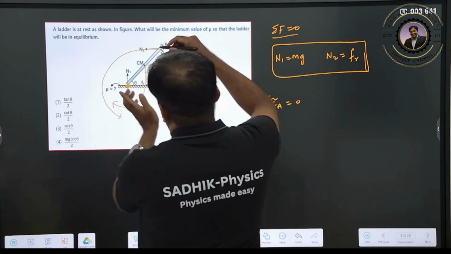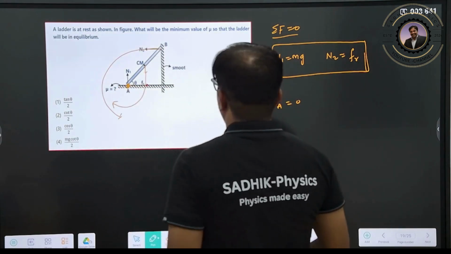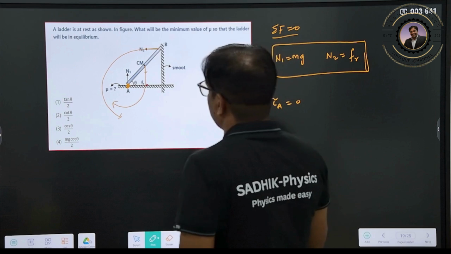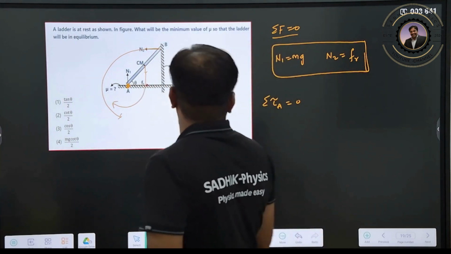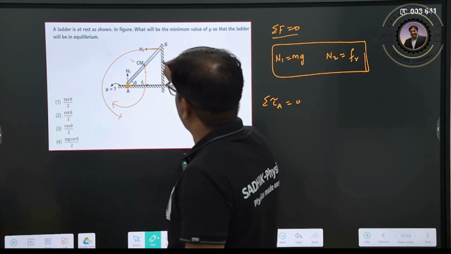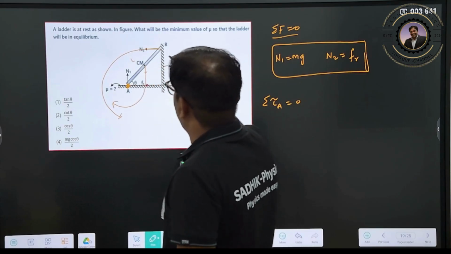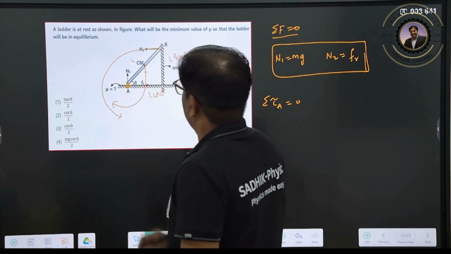For N2, what will be the distance here? This is the perpendicular distance. Suppose this total length is L, then this is the opposite side, so this is L sin theta and this will be L cos theta, clear?